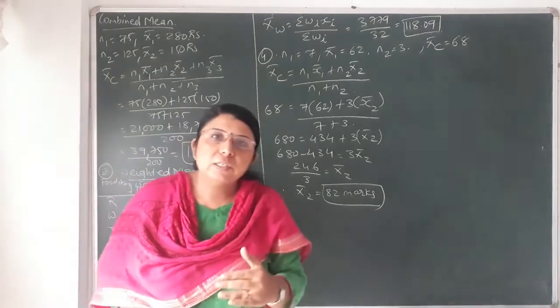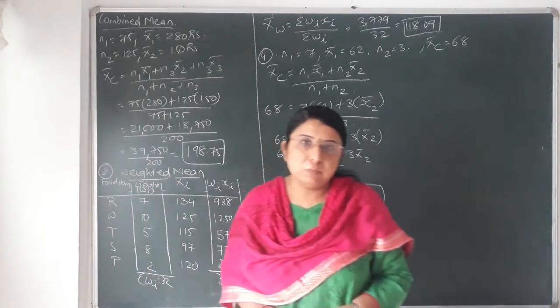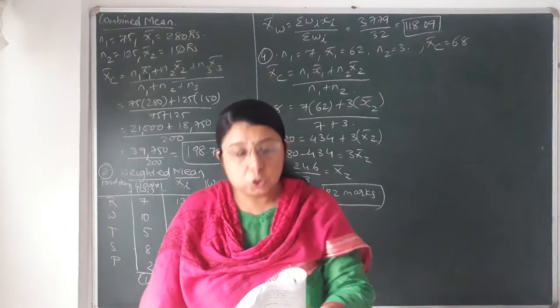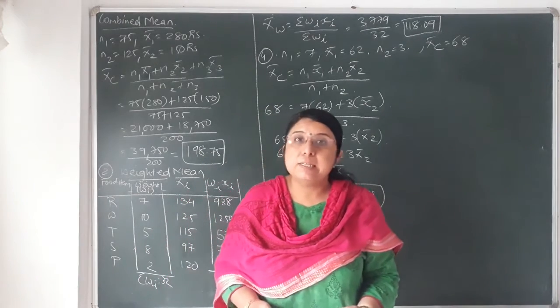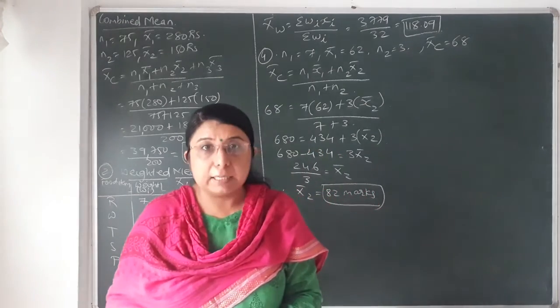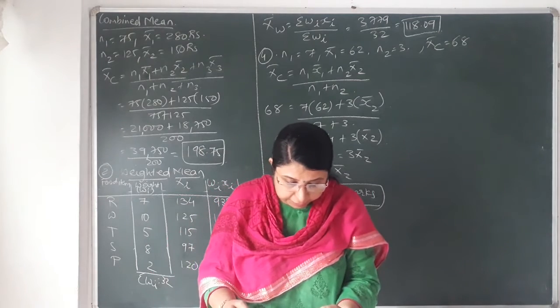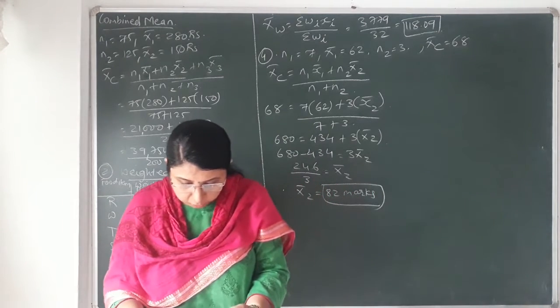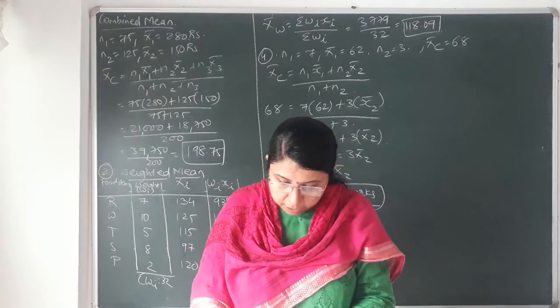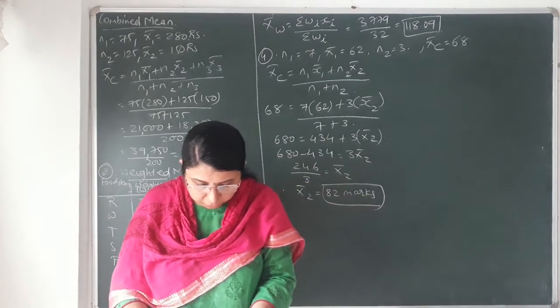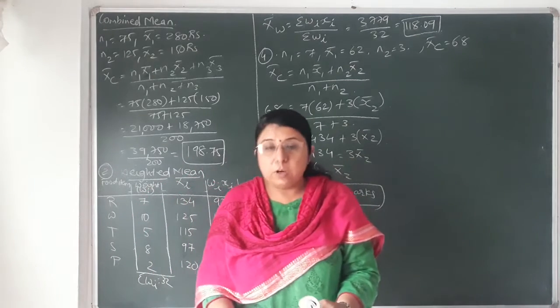Now after understanding the meaning and the formula of combined mean, let us start with exercise 3.2, that is on page number 81 of your textbook. Question number 1 that I am reading first of all. The mean daily wage paid to 75 skilled workers of a factory was 280 rupees, whereas the mean daily wage paid to 125 skilled workers was 150 rupees.